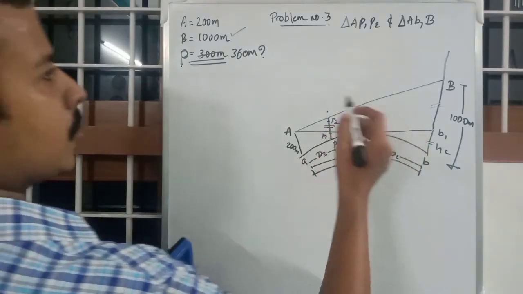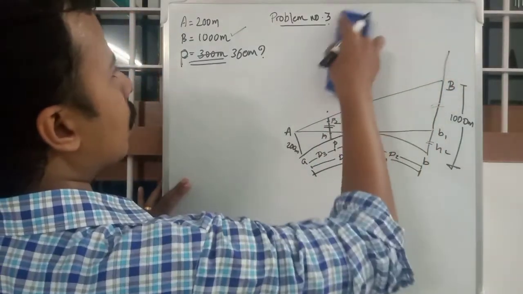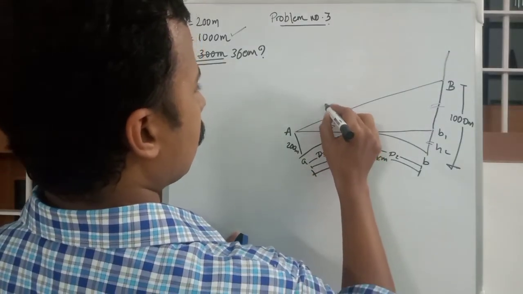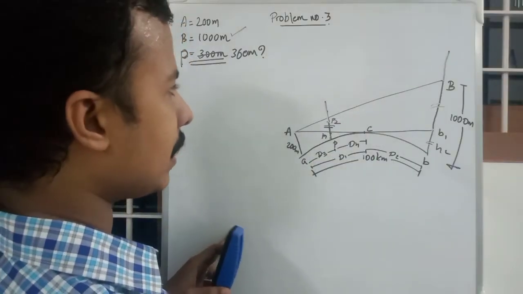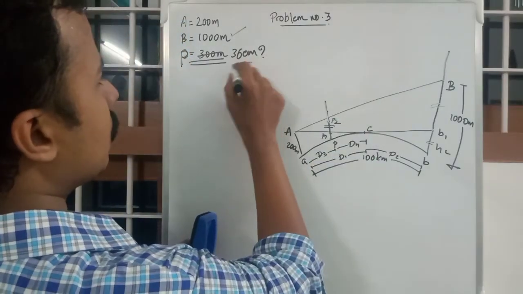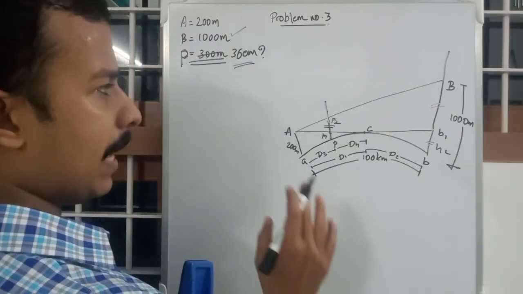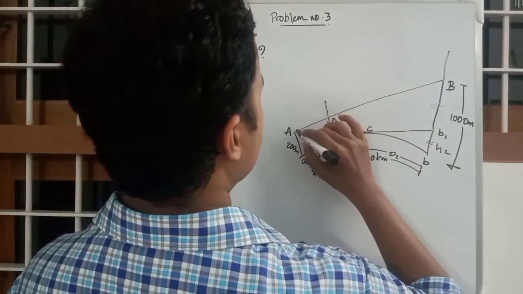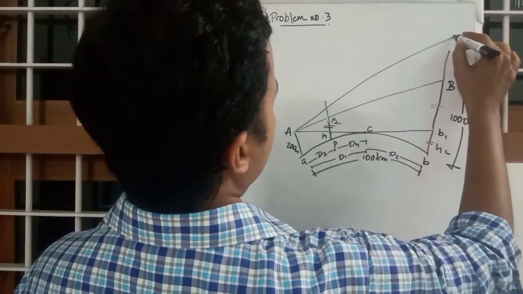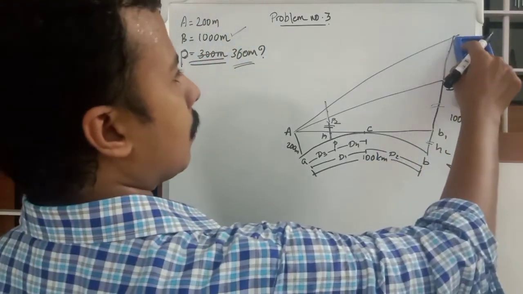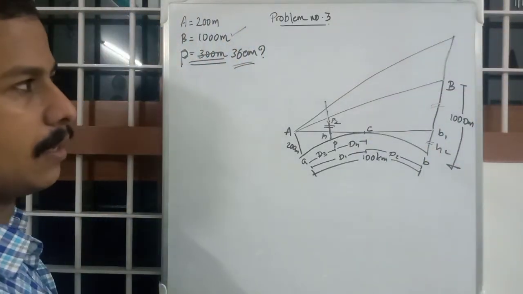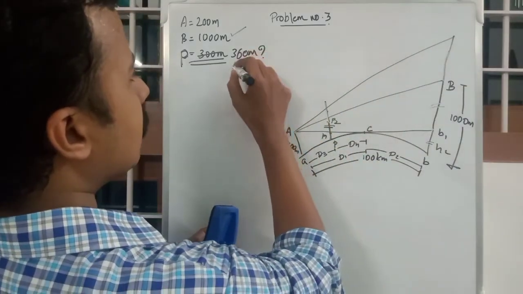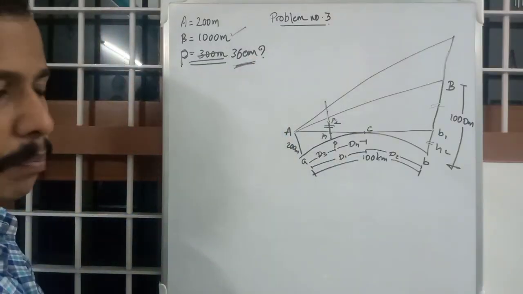Okay, so for that, we have a vertical peak in here, and now the height is 360 meters. And now we are drawing an imaginary line joining A and B, and we are assuming that this line clears 360 meters, the peak.